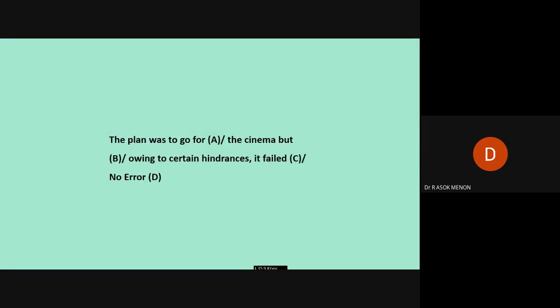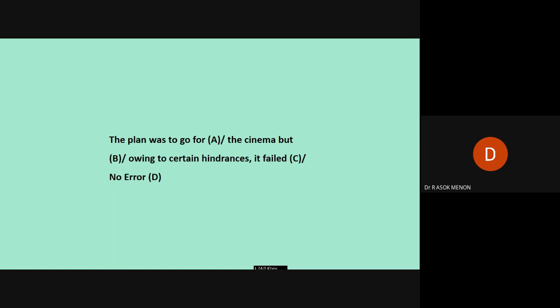Then the plan was to go for the cinema, but owing to certain hindrances, it failed. Srini says B. No, it is actually the error.